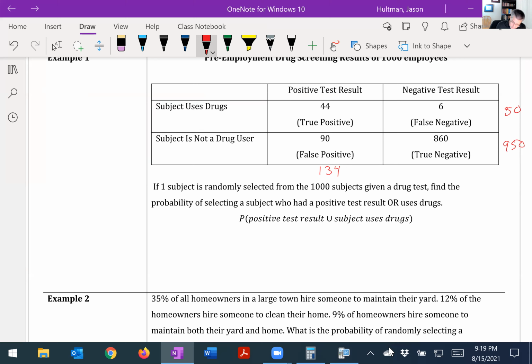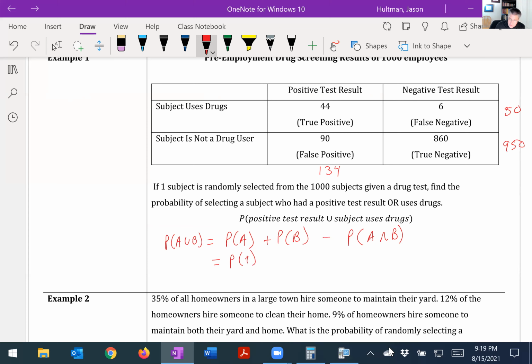So what we're going to do here is use that formula that we talked about. The probability of A union B is the probability of A plus the probability of B minus the probability of A intersection B, the overlap here. A is that they had a positive test result.